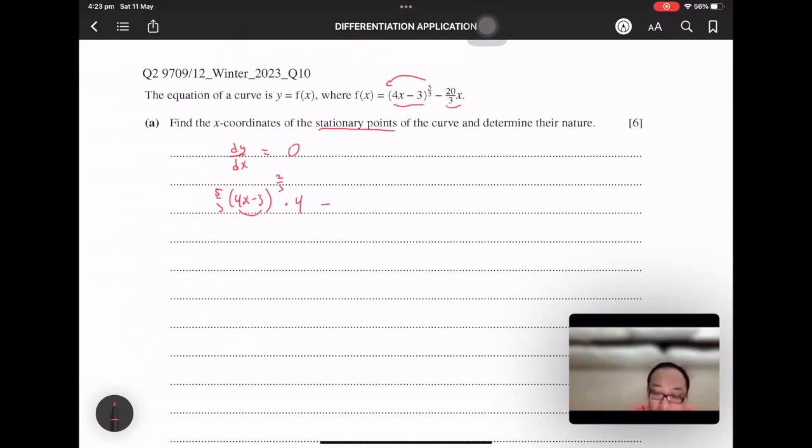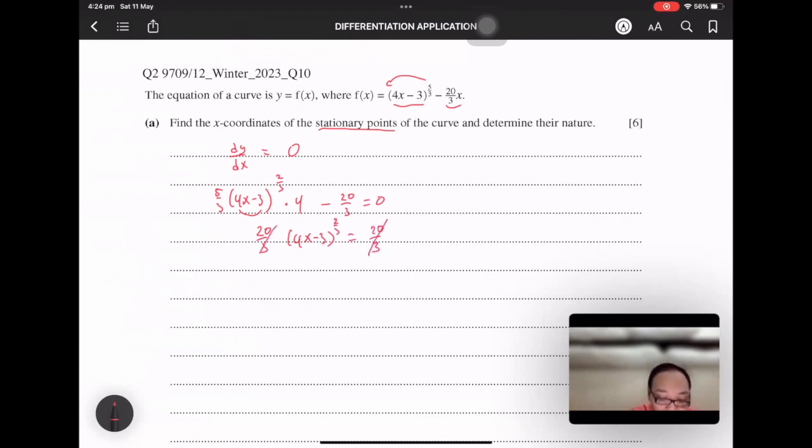Minus 20/3 x, it becomes 20/3, equals 0. So 20/3 (4x - 3)^(2/3) equals 20/3.